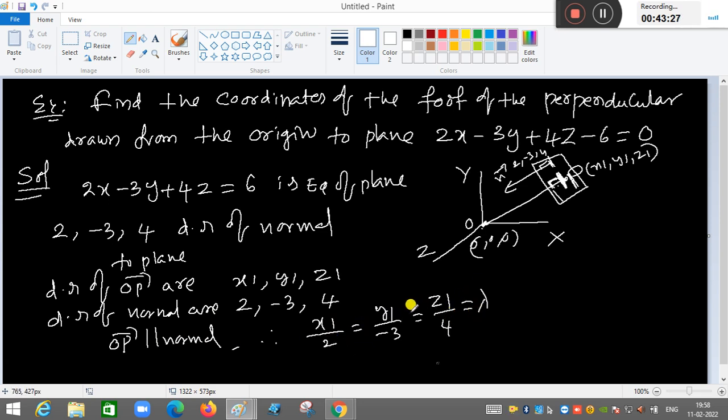The proportional value is lambda. From this, x1 equal to 2 lambda, y1 equal to -3 lambda, z1 equal to 4 lambda.